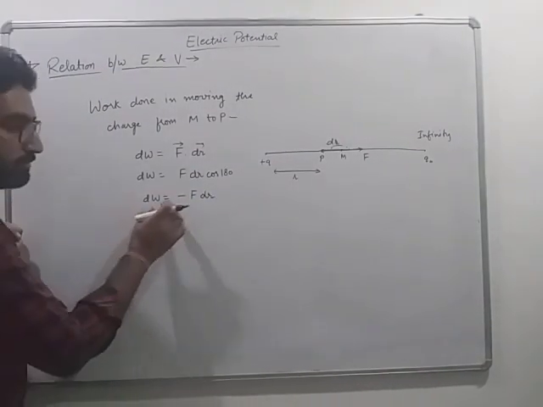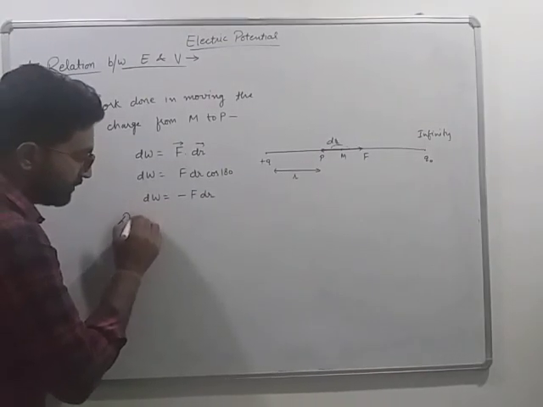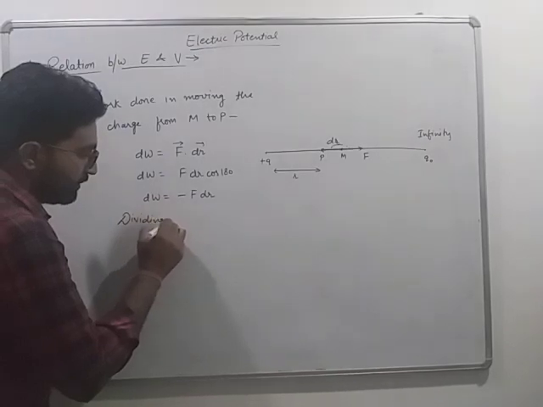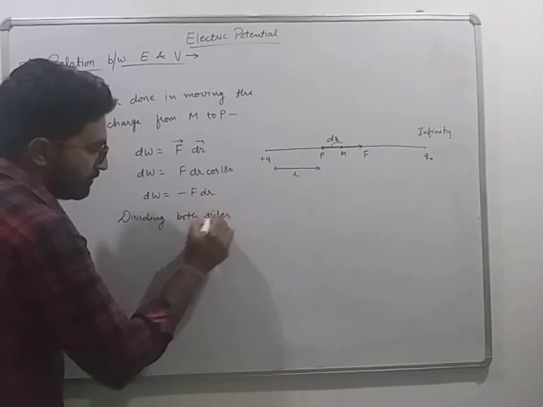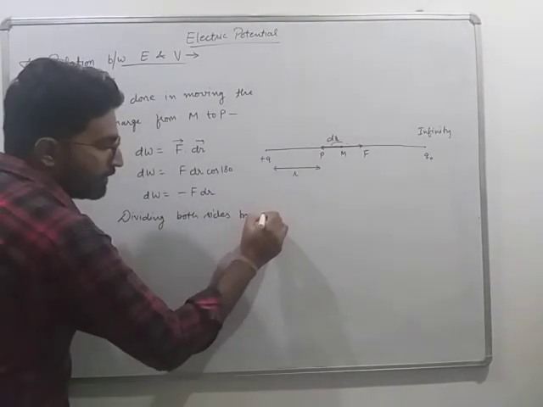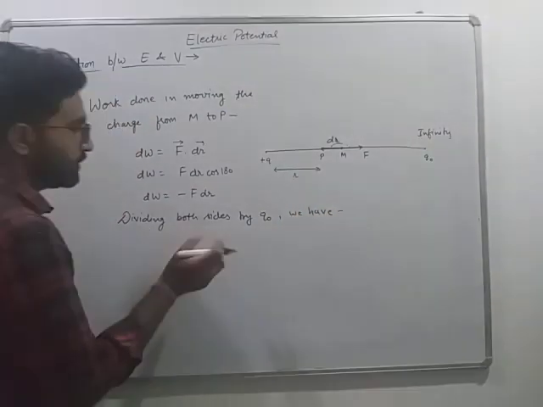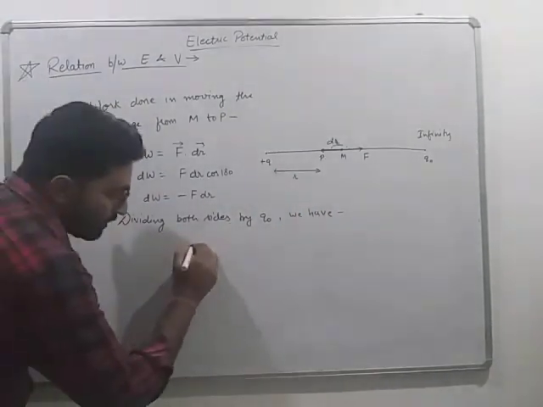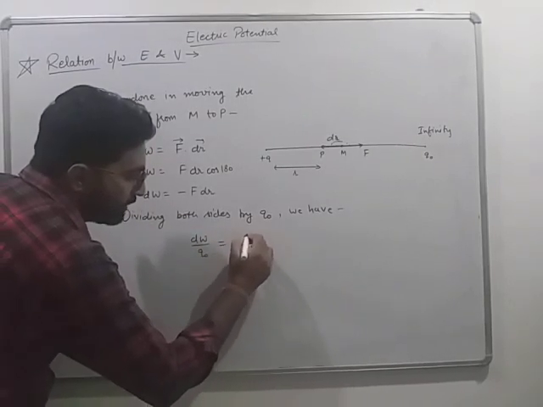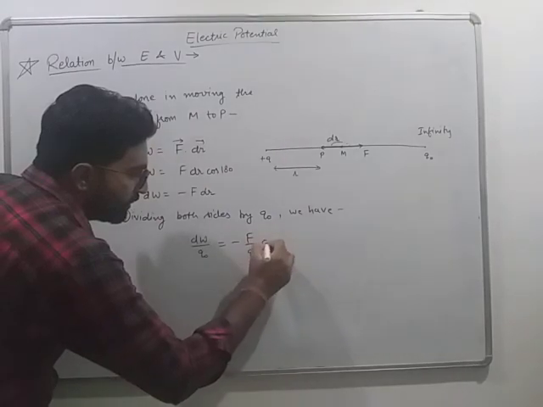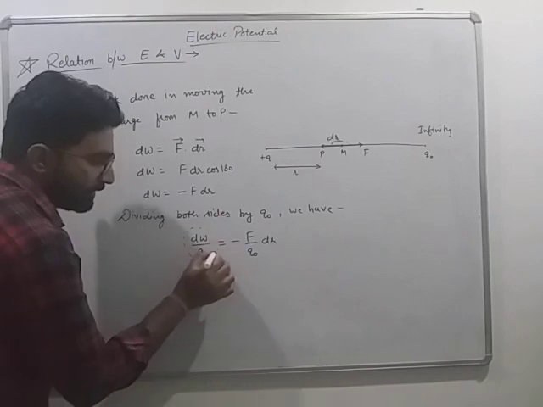Dividing both sides by Q0, we have dW by Q0 equal to minus F by Q0 dr, and this is the work done per unit test charge.